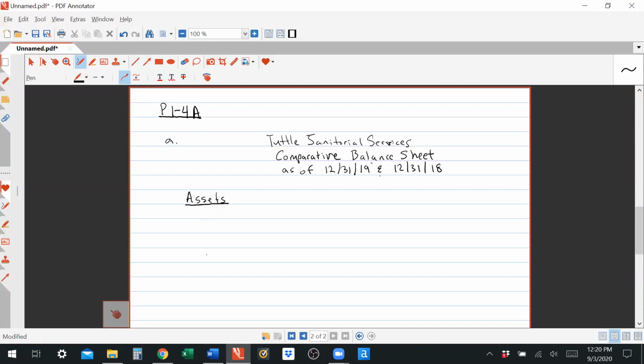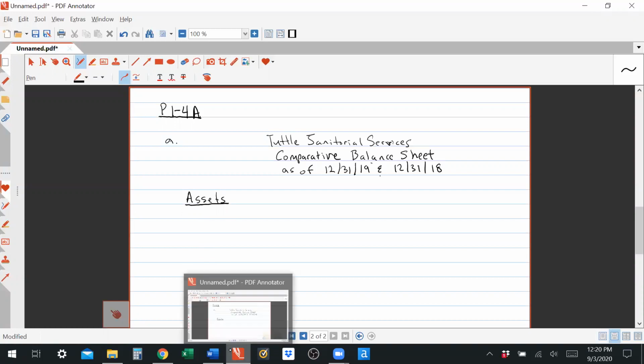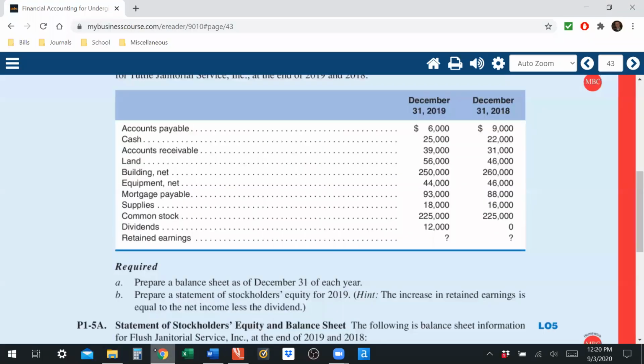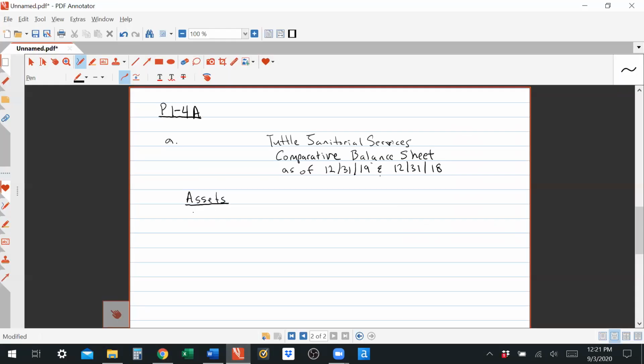But for this chapter, just think one category, assets. And you want to list the assets in the order of liquidity. Liquidity means how quickly the asset could be converted to cash. So cash would always be the first one listed because it's already cash. You don't have to do anything to convert it to cash.